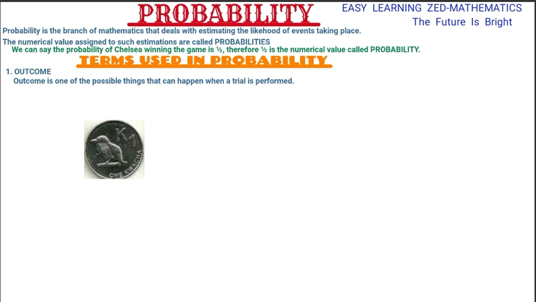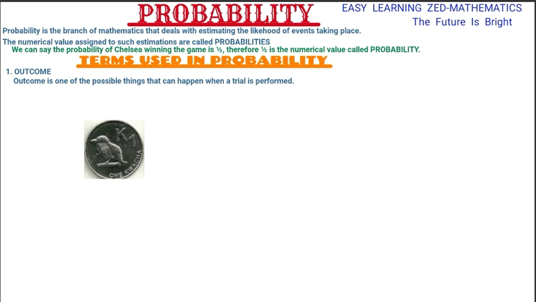A coin has 2 possible outcomes: it will either have a head on top or a coat of arms. Now, whatever comes on top, if the head is on top, that means the result is the head, then the outcome is the head. So the outcome is just the result.